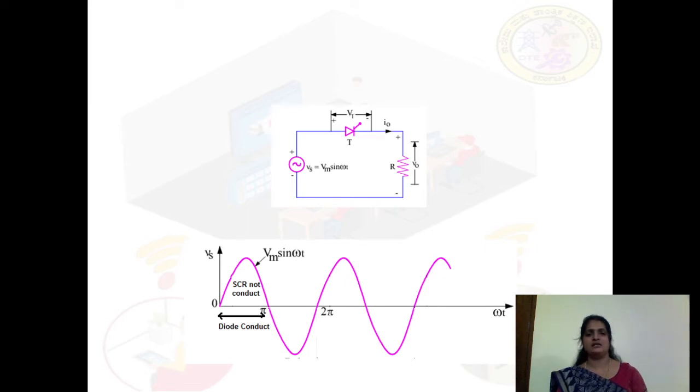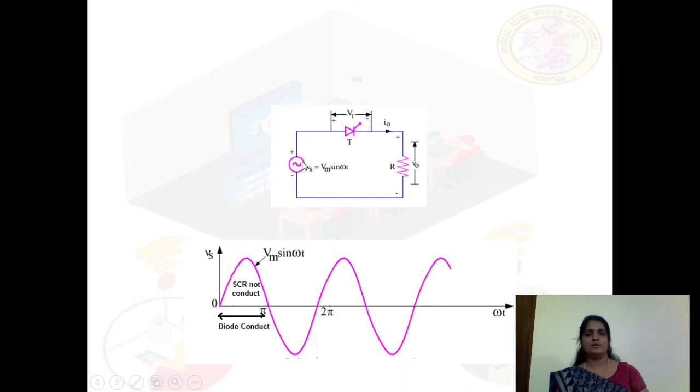The thyristor is connected with the anode to the positive terminal and the cathode to the negative terminal through the load, where R acts as the load. Here we obtain the output voltage V0, the current flowing through the SCR to the load is I0, and the voltage across the thyristor is denoted Vt.